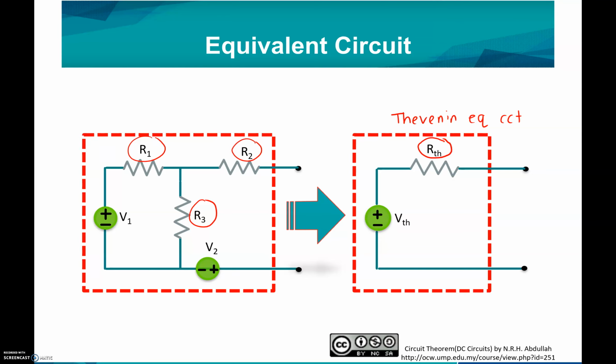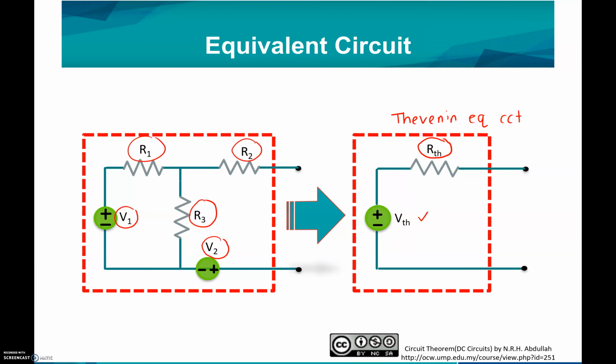And if the original circuit consists of V1, V2, and a current source, you have to convert that so that the Thevenin equivalent circuit only consists of one V Thevenin.